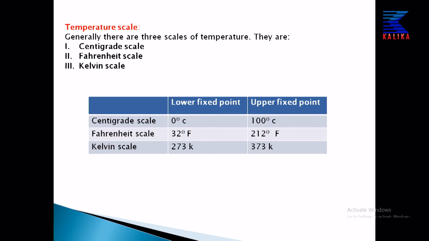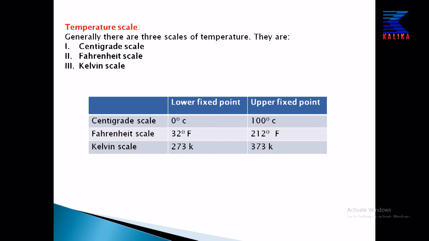In the slide you can see the lower fixed point and upper fixed point. On the centigrade scale, the lower fixed point is 0 degree Celsius and the upper fixed point is 100 degree Celsius. On the Fahrenheit scale, the lower fixed point is 32 degree Fahrenheit and the upper fixed point is 212 degree Fahrenheit.